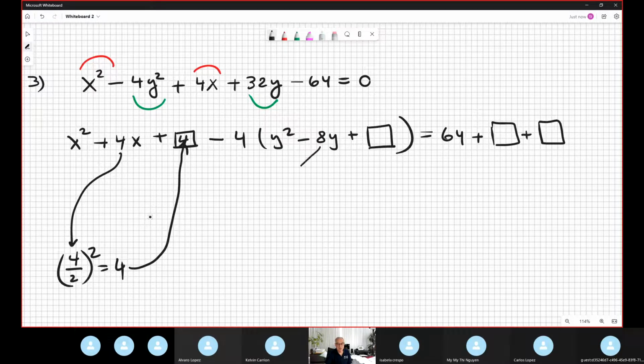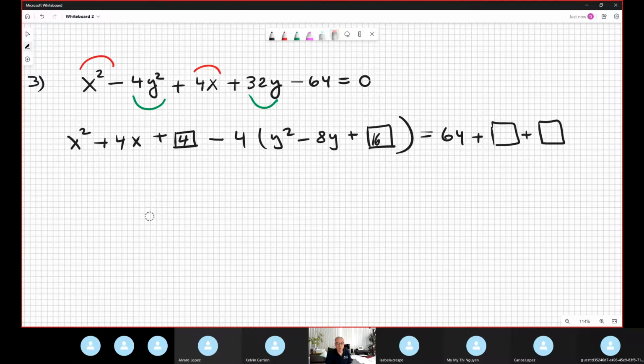Likewise, you take 8. I don't care if it's positive or negative. It's totally irrelevant. Divided by 2 and a square. 8 divided by 2 is 4. Square is 16. And this 16 I put here. Everyone follow me? Everyone understand very well this part? Excellent.